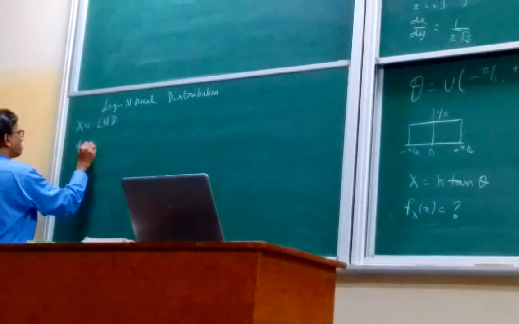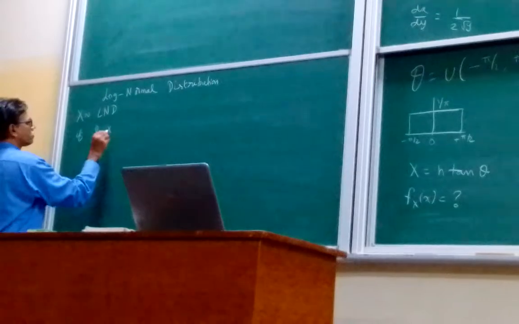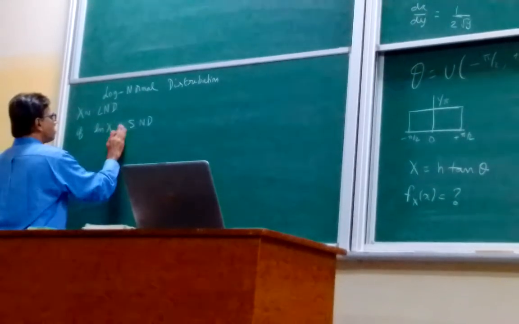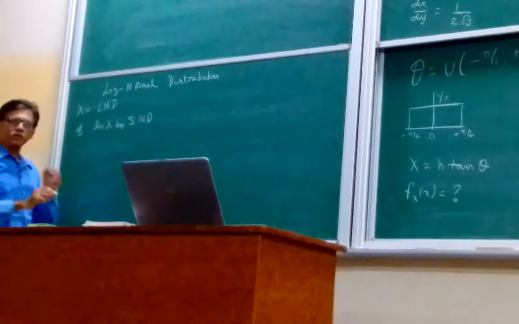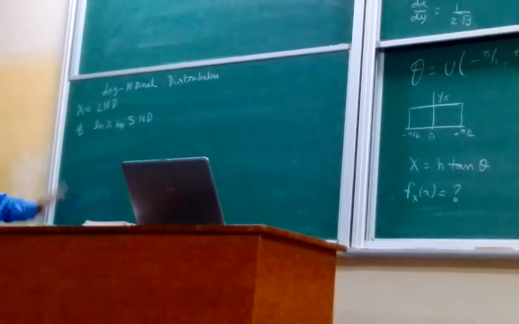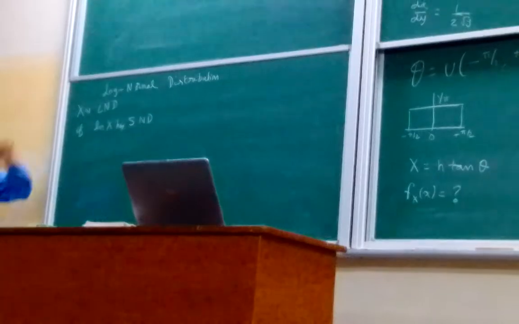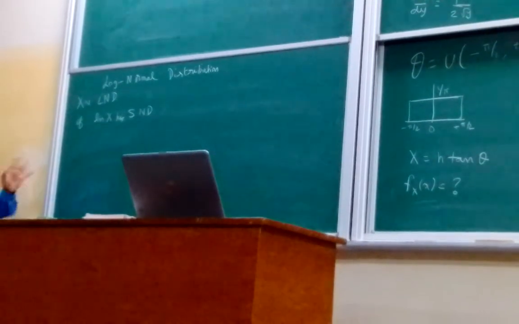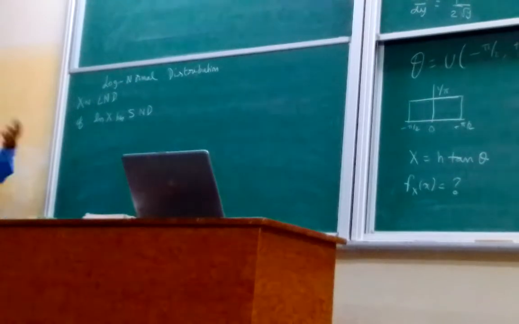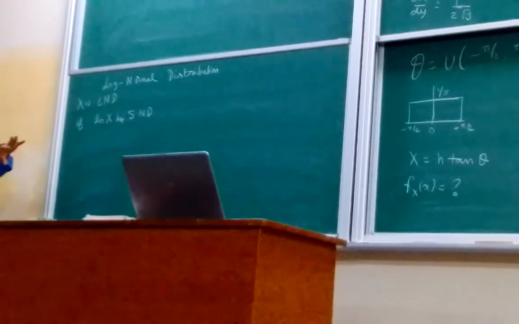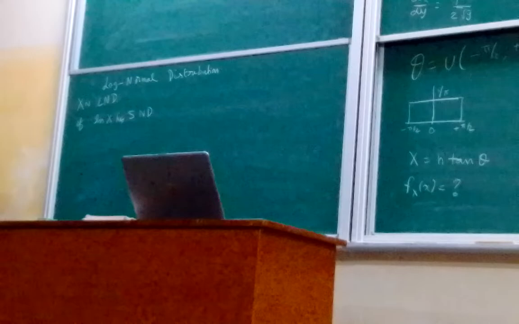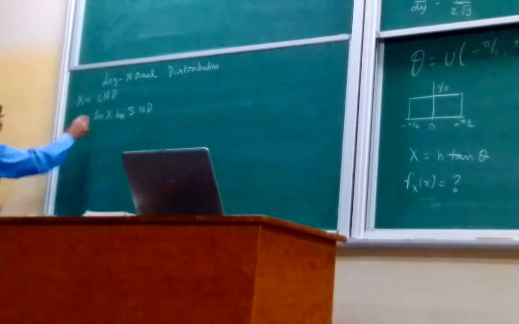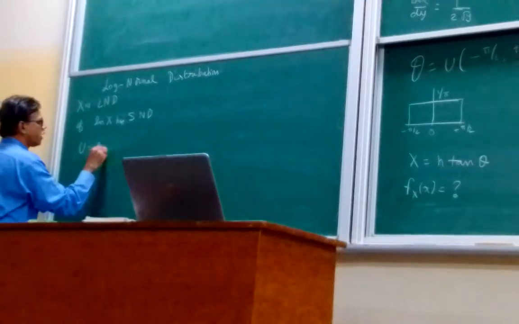Here, log x is standard normal. A random variable x is said to have a log normal distribution if you take the log of that random variable, that will have a normal distribution. So whichever random variable whose natural logarithm has a normal distribution is called the log normal distribution. So we will call u equal to ln x.